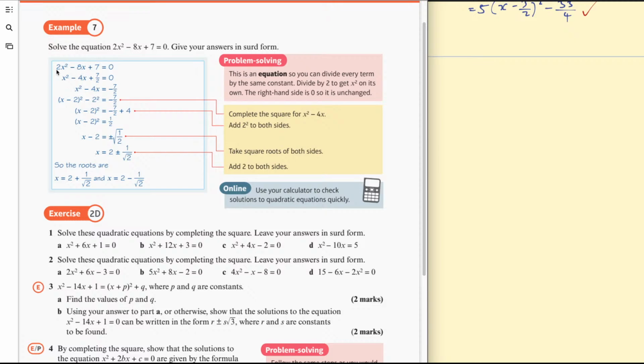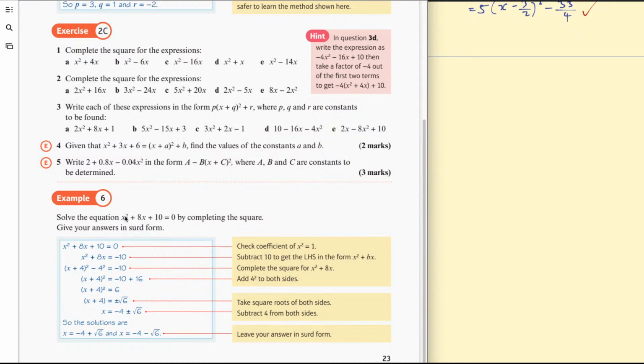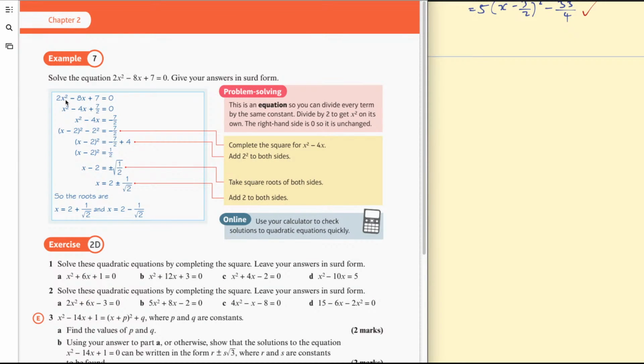Okay, so this is suggesting divide by 2 to get rid of that coefficient of the x squared. You'll notice in this example there was no coefficient of x squared, so we don't have to worry about that. But if you do have a coefficient of x squared, divide through by that. So if it's 2x squared, divide through by 2, so it's just x squared by itself. It's going to make it easier.